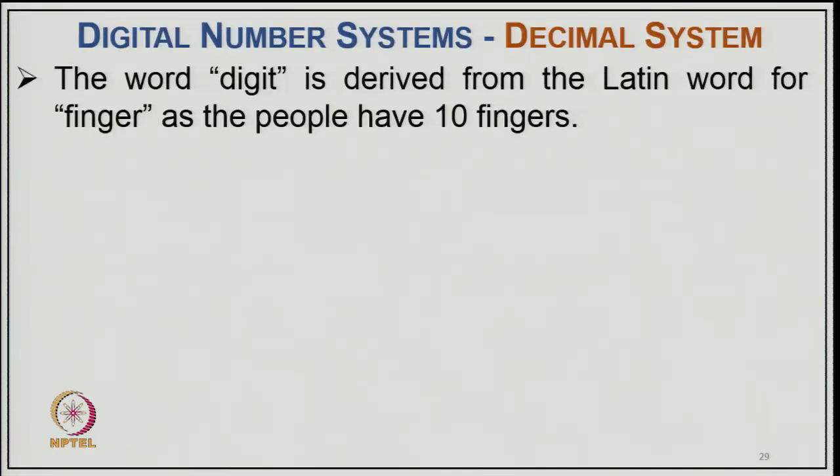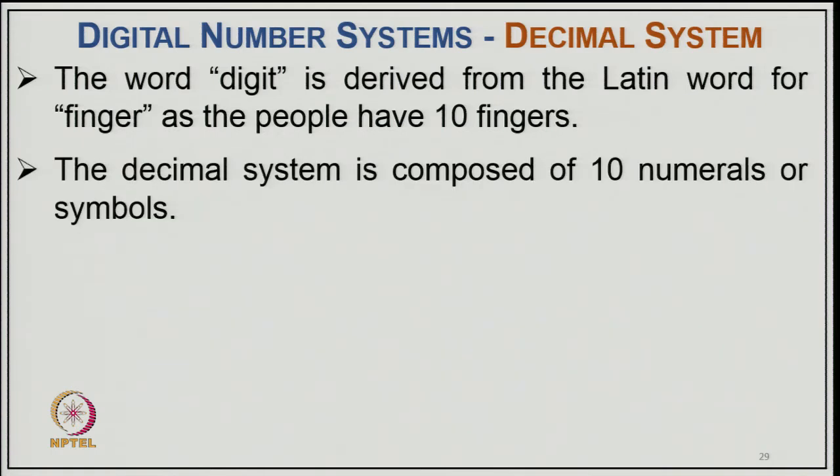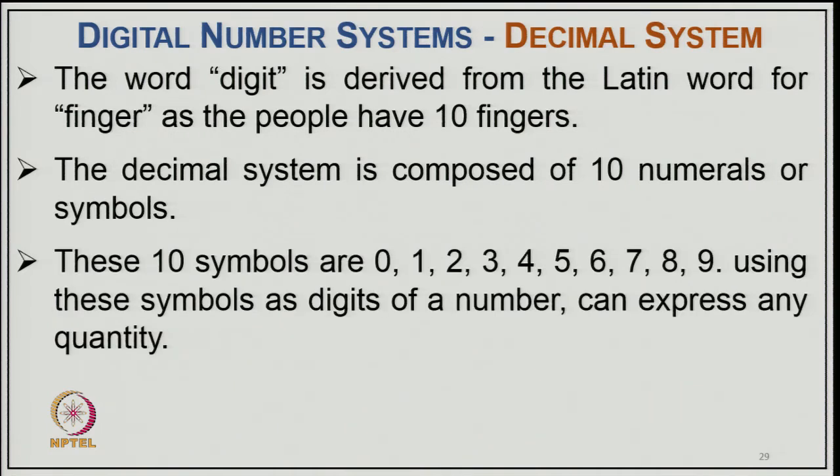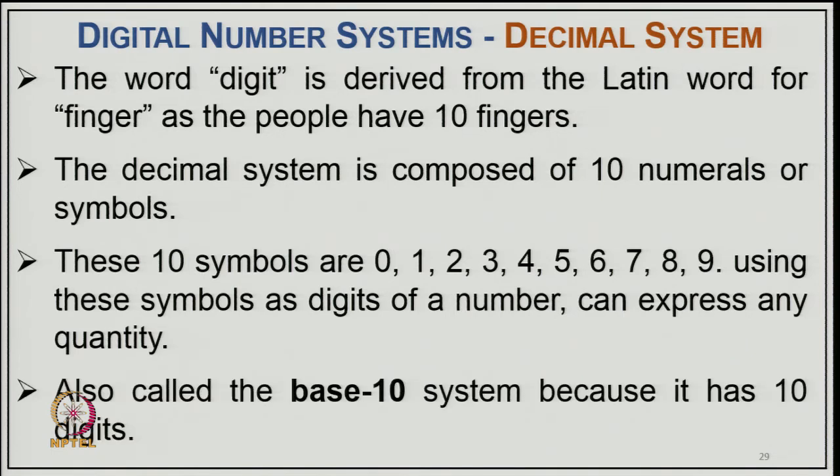So, as far as the decimal system is concerned, the word digit is derived from the Latin word for finger, and as people have 10 fingers, we have 10 digits in the decimal number system. The decimal system is composed of 10 numerals or symbols, and these 10 symbols are from 0 to 9: 0, 1, 2, 3, 4, 5, 6, 7, 8, 9, and using these symbols a digit of a number can express any quantity. It is also called the base 10 system because it has 10 digits.